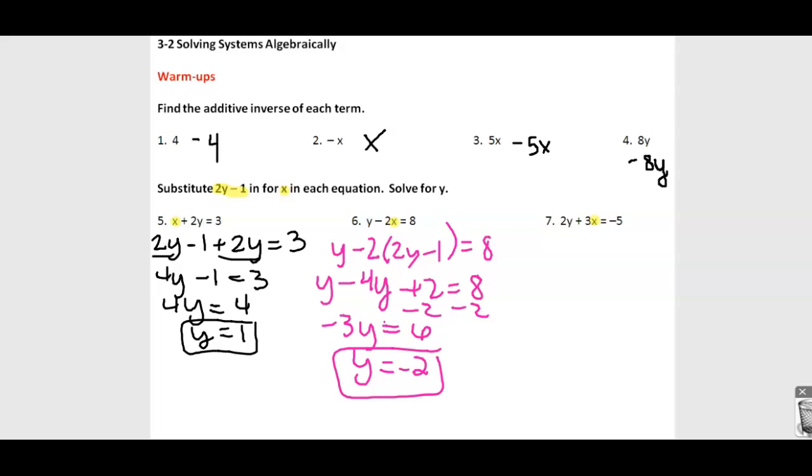In 7, we have 2y plus 3 times 2y minus 1 equals negative 5. Distribute and combine like terms.